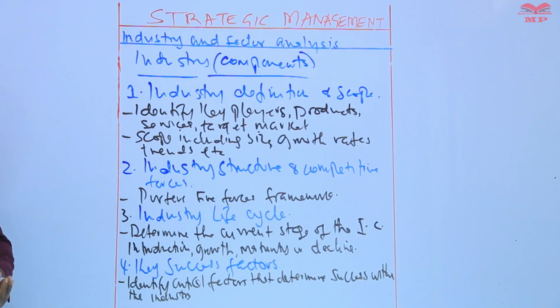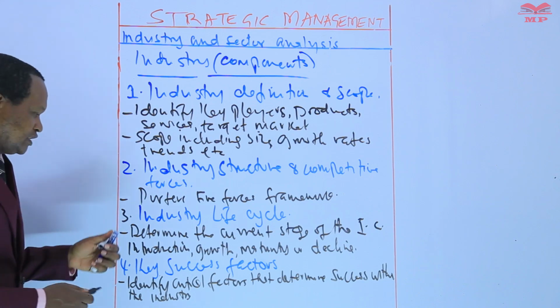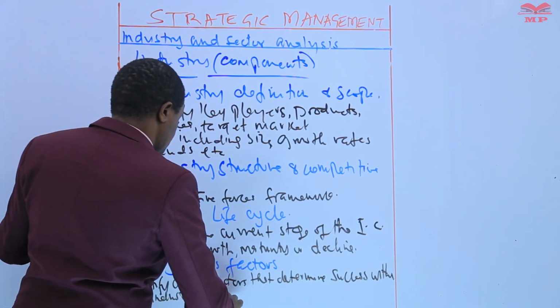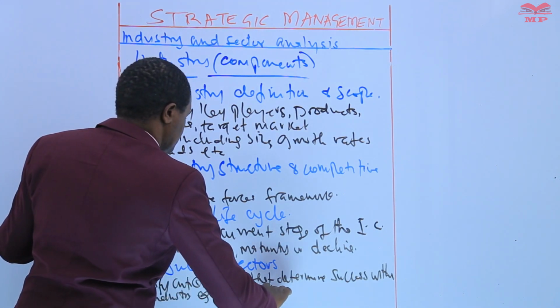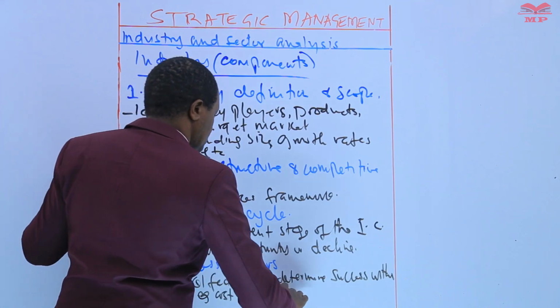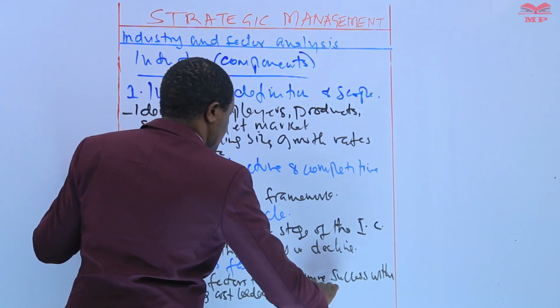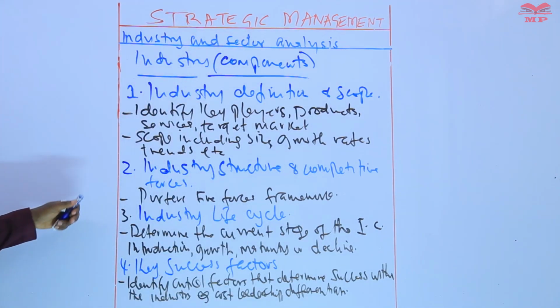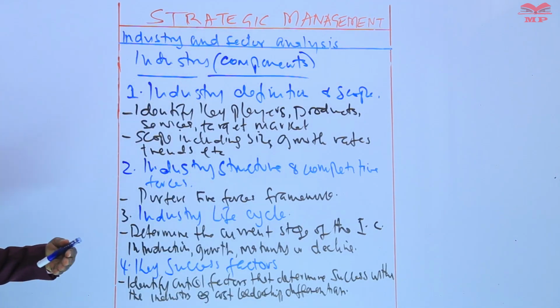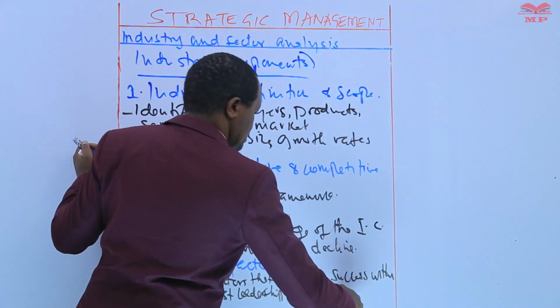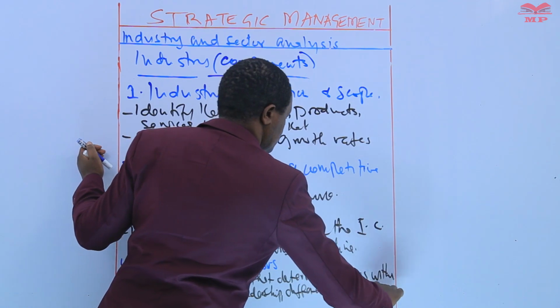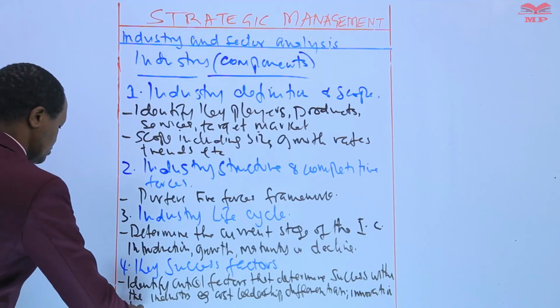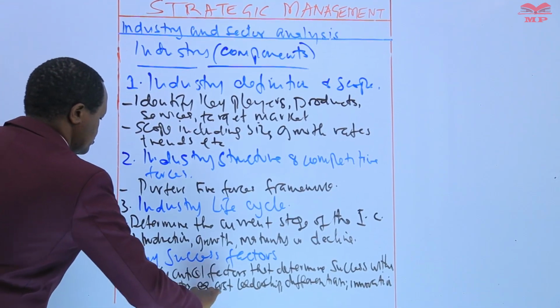This could include factors like cost leadership, differentiation. These are factors that can help a company succeed within a given industry. It could be brand reputation, innovation, and so on.